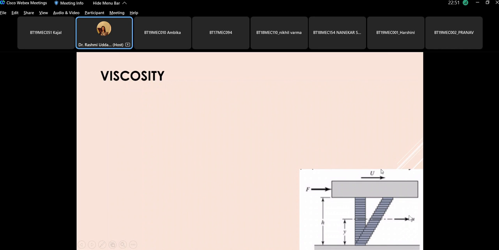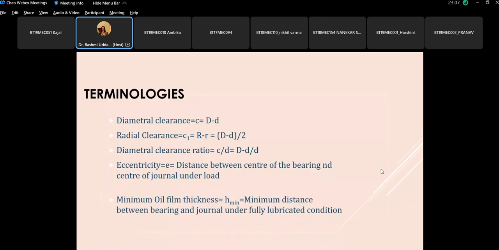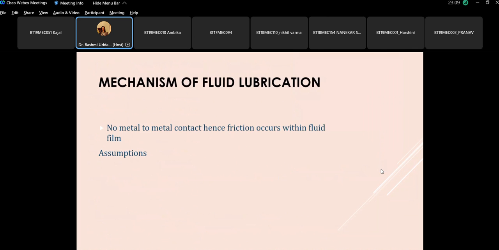And the oil is flowing only in the x direction with some velocity u. So we are assuming that there is no flow of oil in the direction perpendicular to this. And the same concept we'll then be using for this bearing.